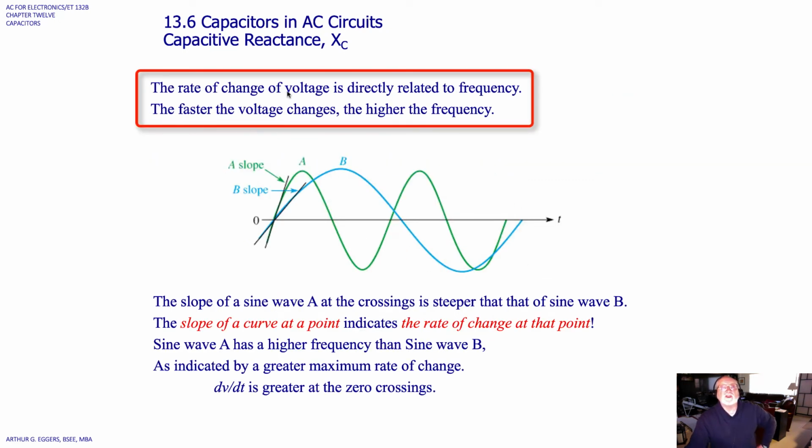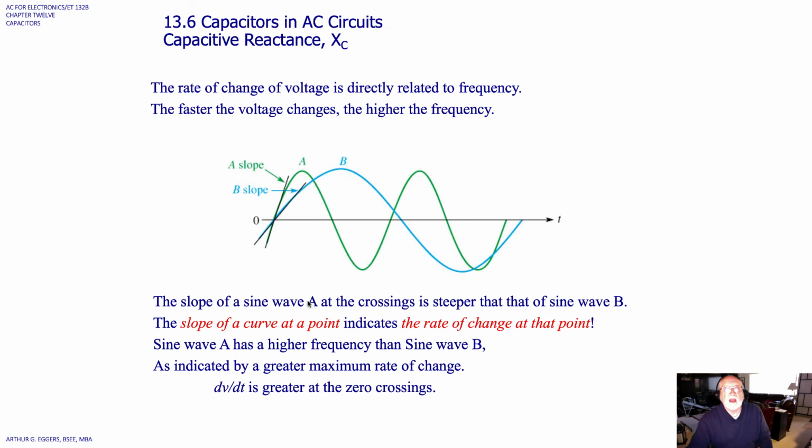So the rate of change of voltage is directly related to frequency. We're going to see that over and over again. That frequency of the signal, the AC signal, the sinusoid, is going to tell us what the voltage, the reactance, and the current is going to be in a circuit. The faster the voltage changes, the higher the frequency. So there's a one-to-one relationship.